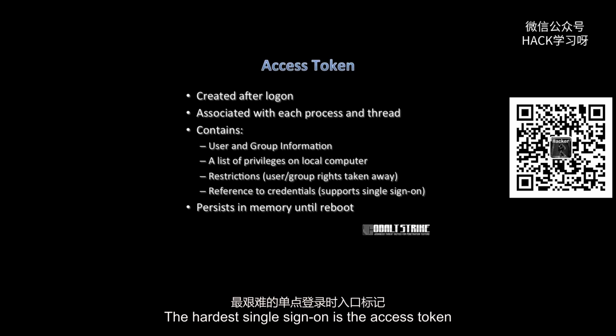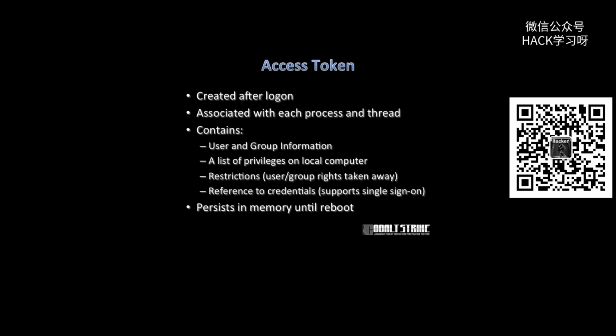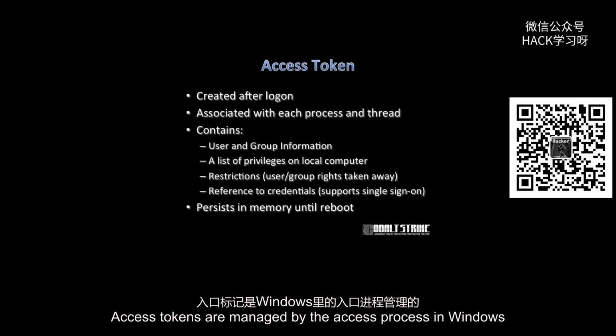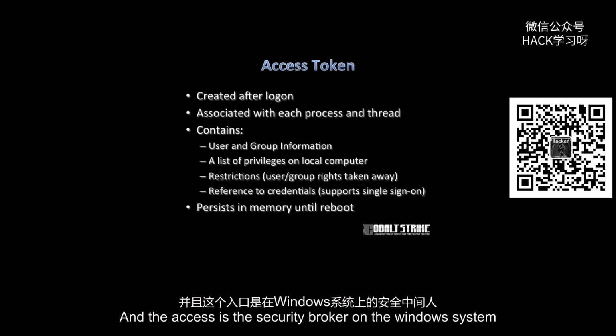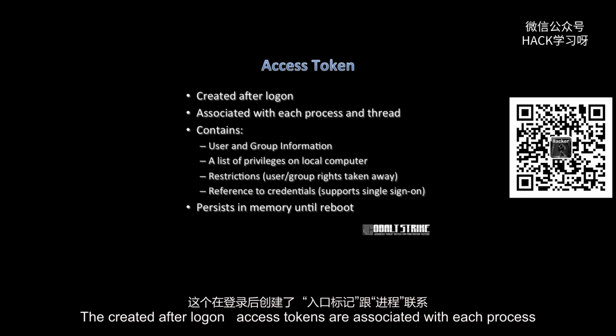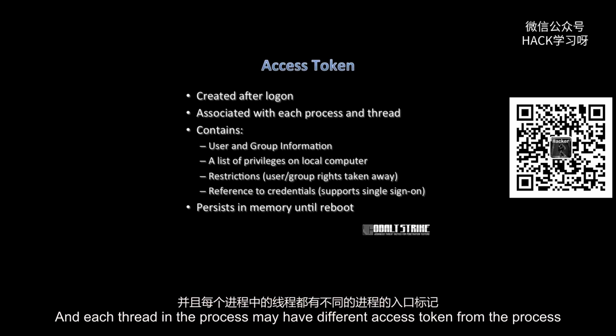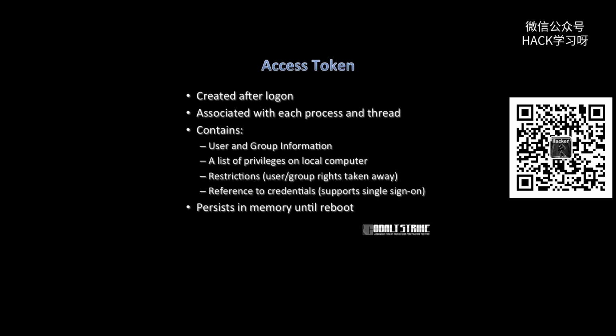The heart of single sign-on is the access token. Access tokens are managed by the LSASS process in Windows, and LSASS is the security broker on a Windows system. They're created after logon. Access tokens are associated with each process, and each thread in a process may have a different access token from the process.